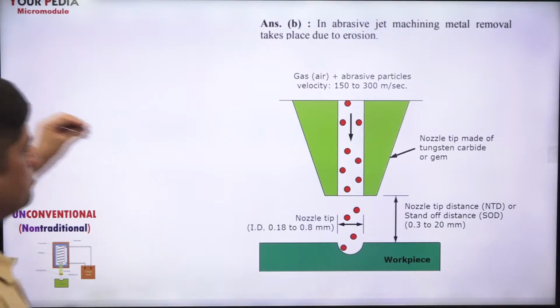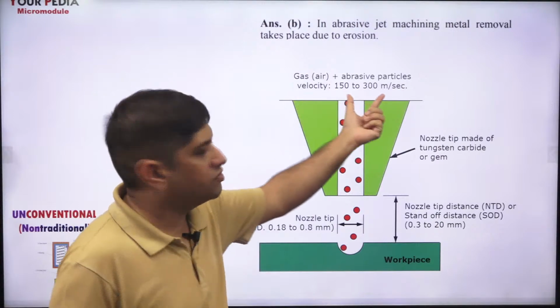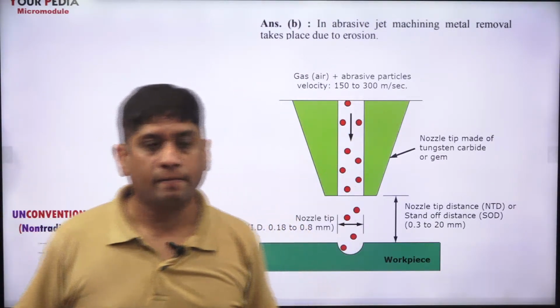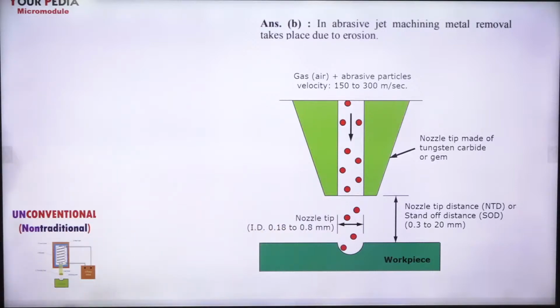So when you supply the abrasive particles at very high velocity, note down the velocity also, 150 to 300 meter per second. Sometimes they will ask you, that is where exams like BHEL, HPCL are different from the GATE exam.